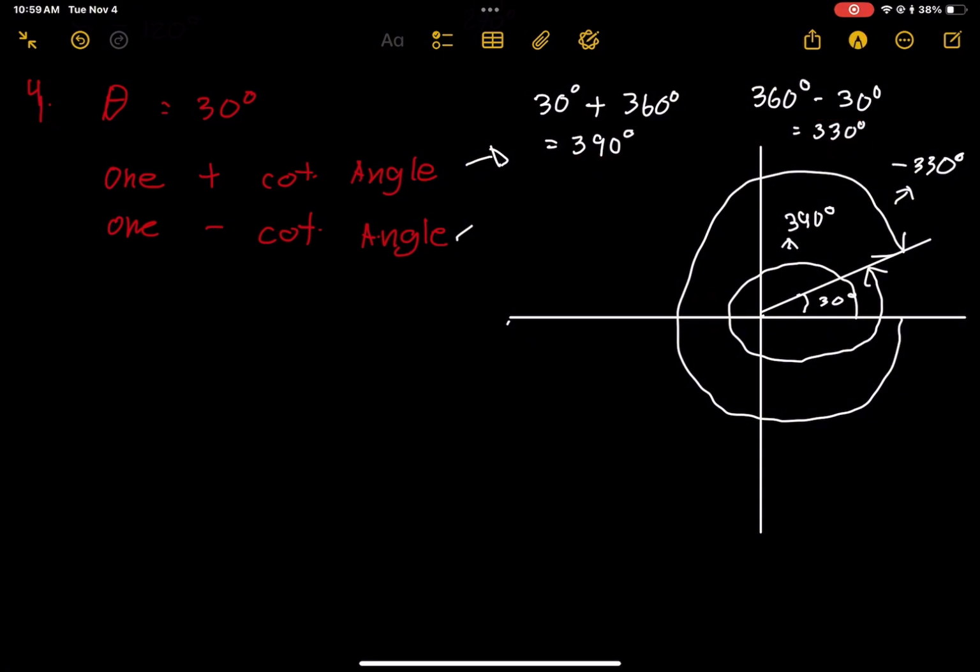Sorry, I made a mistake. This 330 must be negative. So we have to subtract 30 degrees from 360 degrees to find the negative value. We'll have negative 330 degrees as our negative coterminal angle and positive 390 degrees as our positive coterminal angle.